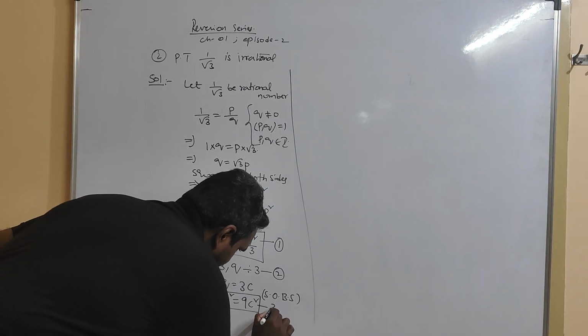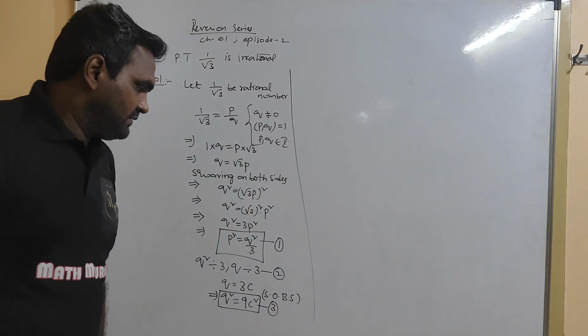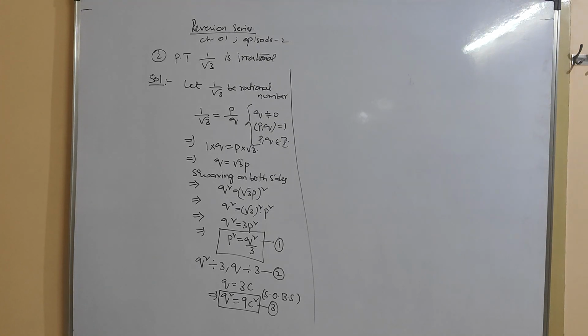This you make as equation 3. SOBS means squaring on both sides. I wrote a little shortcut, but while doing it in your exam you have to write it completely.